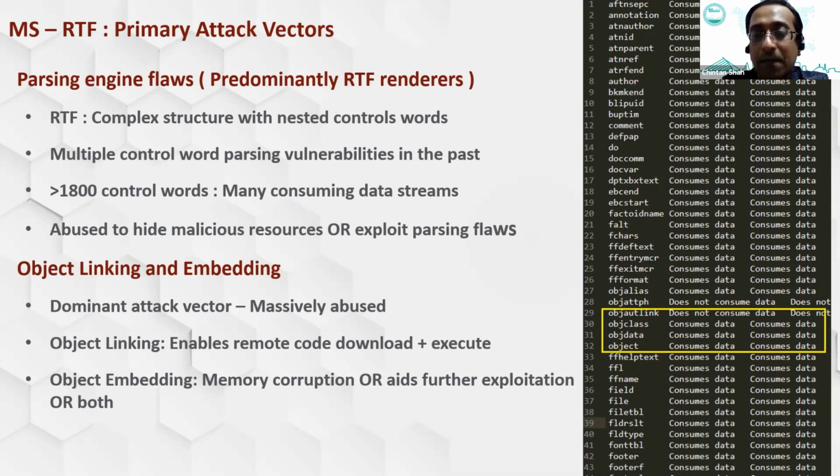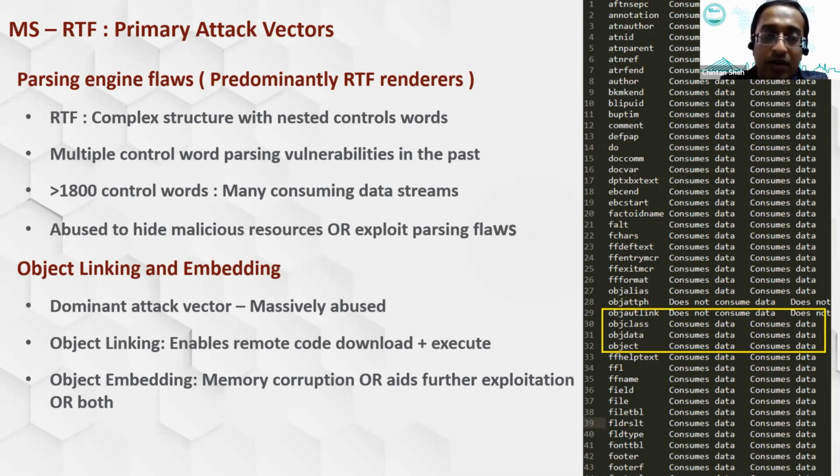Attackers can embed these resources to hide them, as well as craft the RTF to exploit control word parsing vulnerabilities. We've had many such control word parsing vulnerabilities in the past.